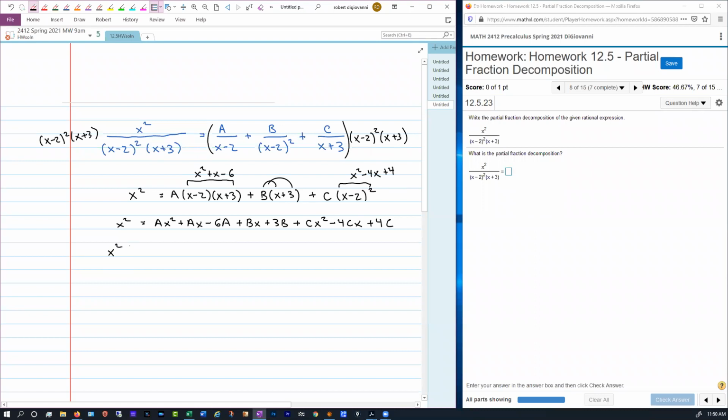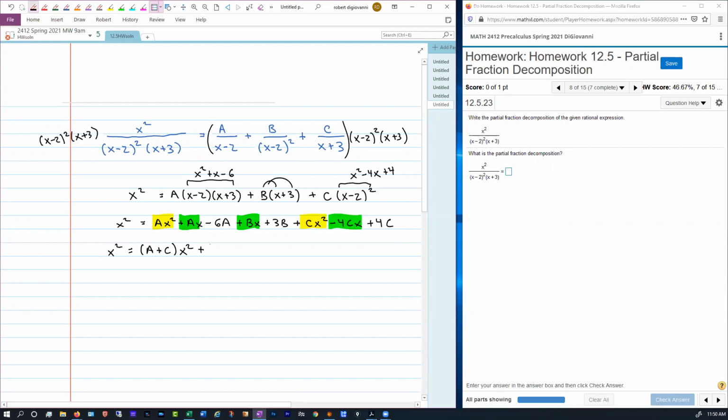Okay, x squared equals, all right, my x squareds, let's get these together. I've got x squared here, x squared here. So that's an a plus c x squared. And then my x's, I've got an x here, x here, x here.